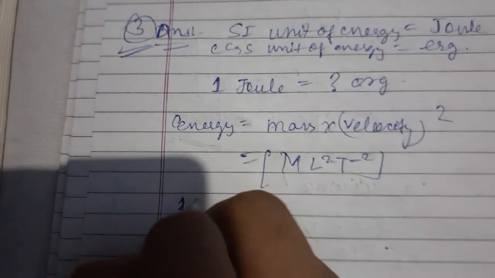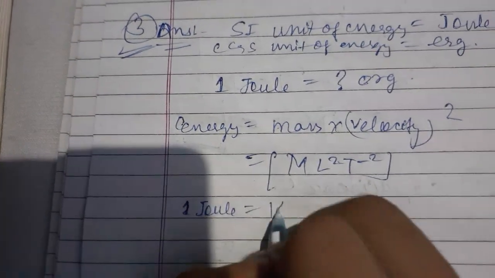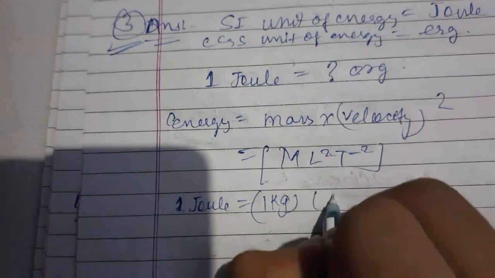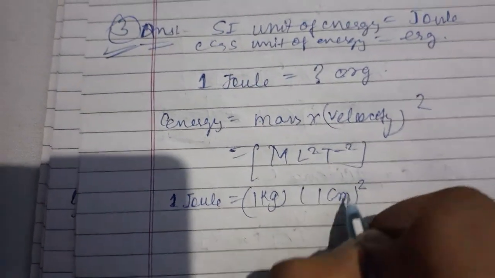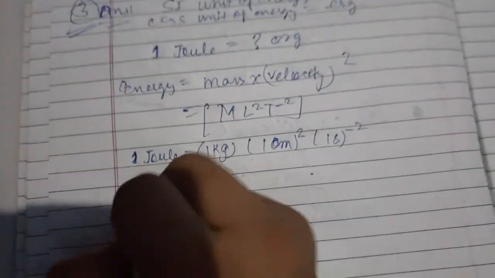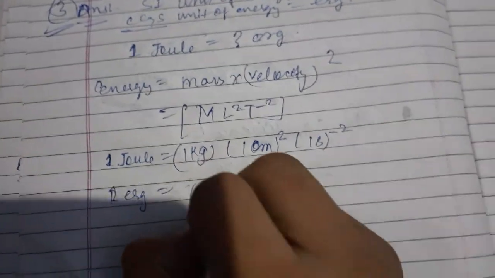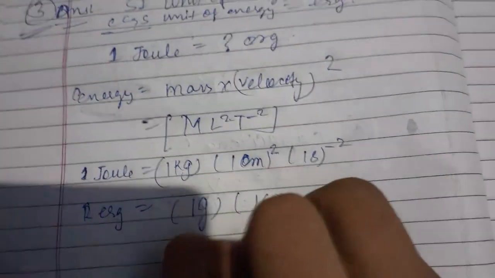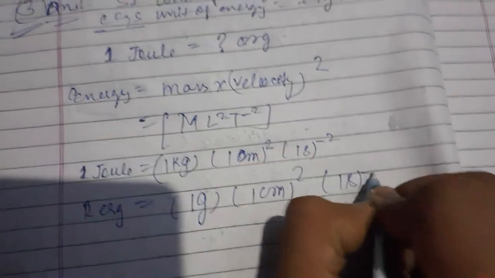So 1 joule equals 1 kg, 1 meter squared, and 1 second to the power minus 2, and 1 erg can be written, in CGS, that is centimeter gram second, as 1 gram, 1 centimeter squared, and 1 second to the power minus 2.